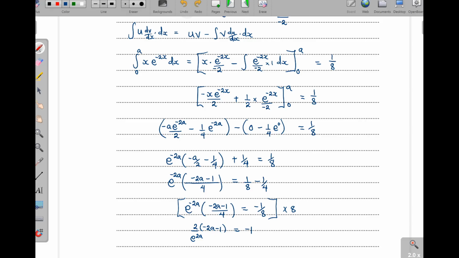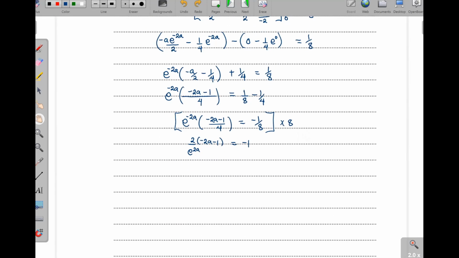Now we can cross multiply and open the brackets. So we can have negative 4a minus 2 is equal to negative e to the power of 2a. So when you divide all through by negative 1, everything becomes positive. You see that?